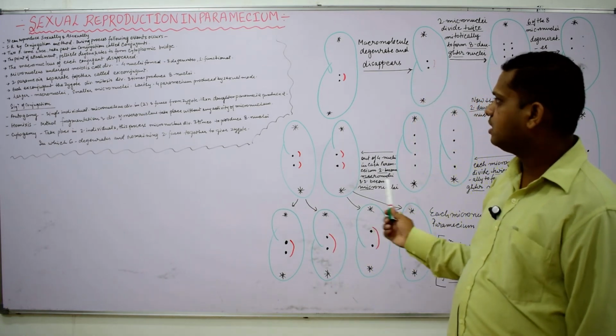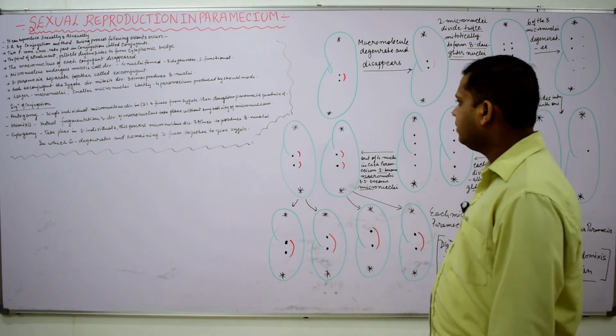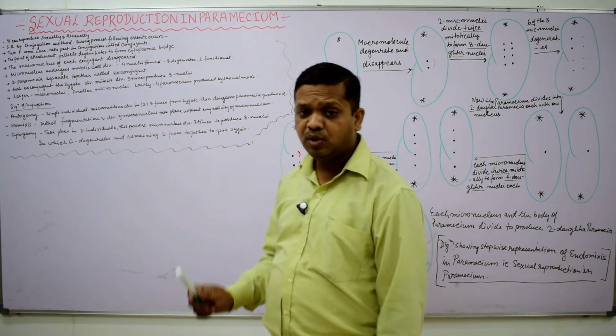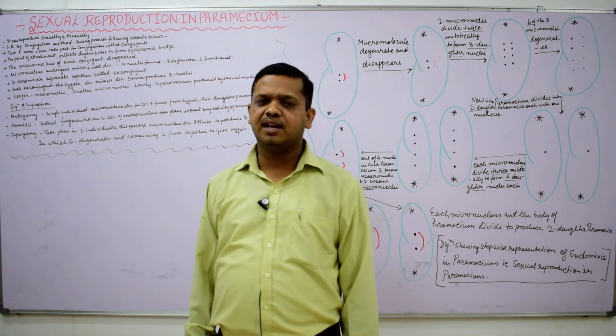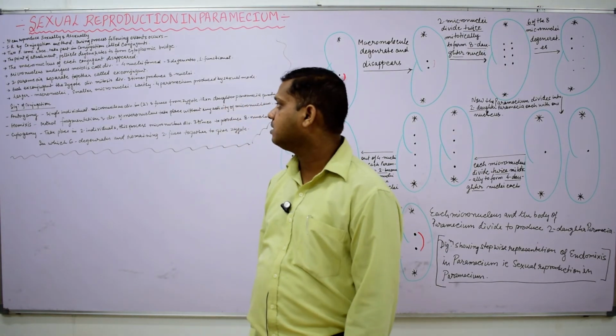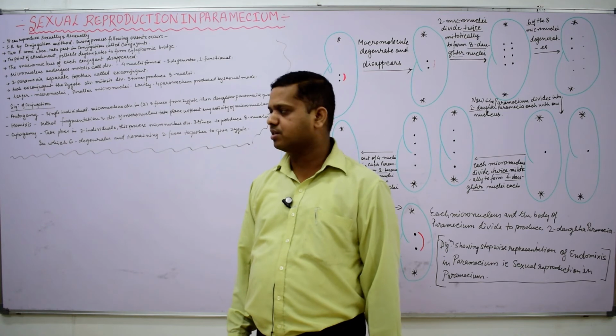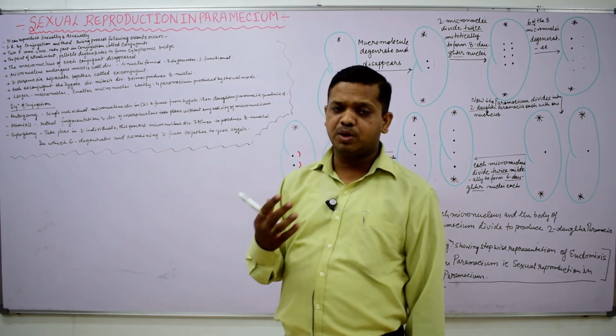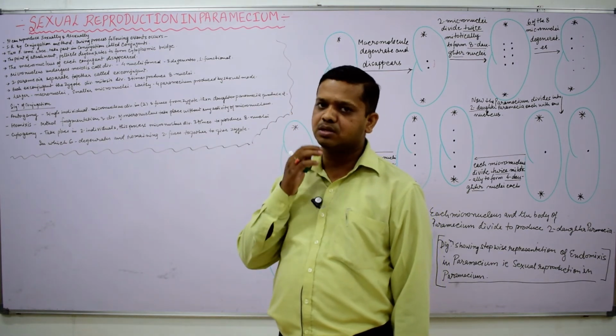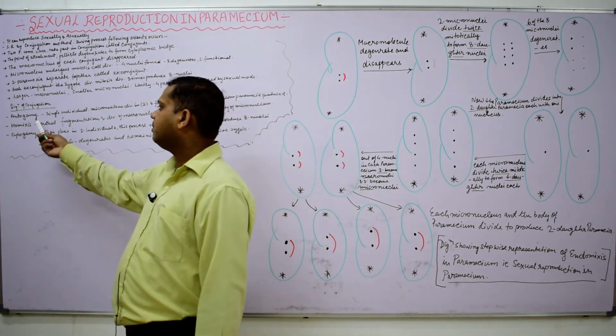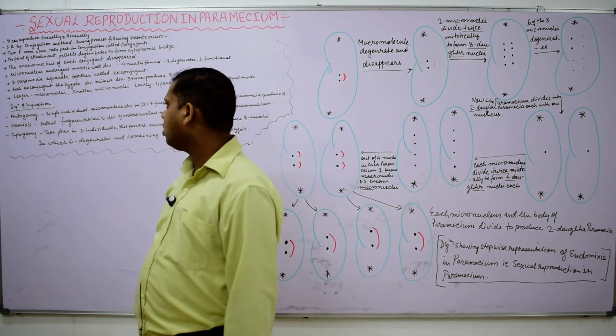So, we have understood this with the help of the diagram as well as the text. One essential thing we have to understand is the significance of the conjugation process. There are 3 important significances in conjugation. First is autogamy.